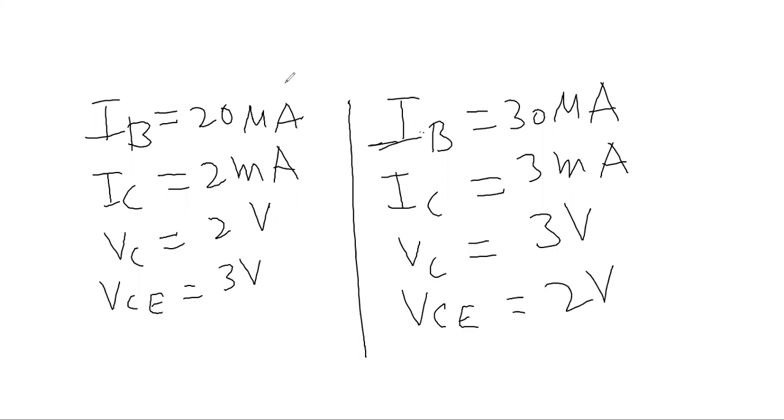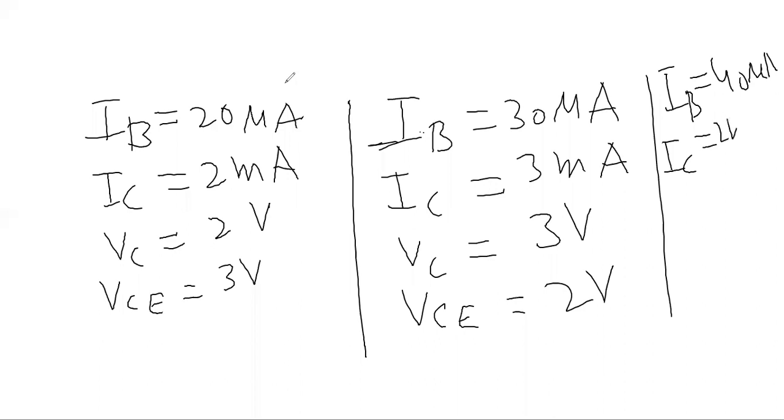Again we change the experiment. We take IB as 40 microampere, and IC will be equal to 4 milliamp. The drop across RC will become 4 volt, and VCE will become 1 volt.